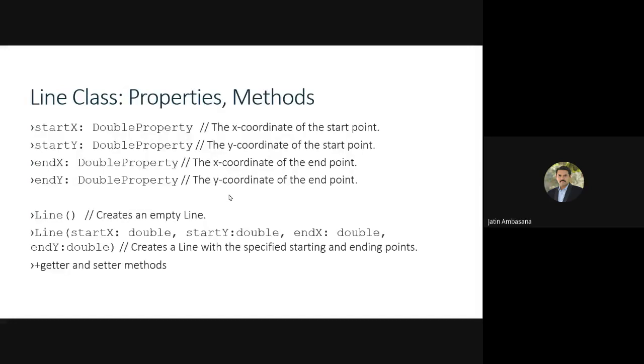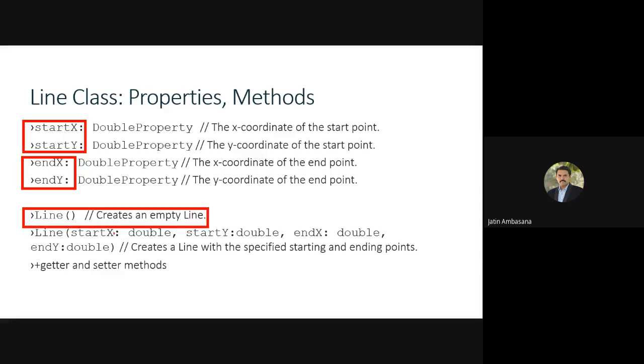Then there is the Line class, which has properties and methods like startX, startY, which is where the line starts, and endX, endY, where the line ends. So this is one pair, this is another pair. You have an empty line object, and a line constructor with startX, startY, endX, endY.